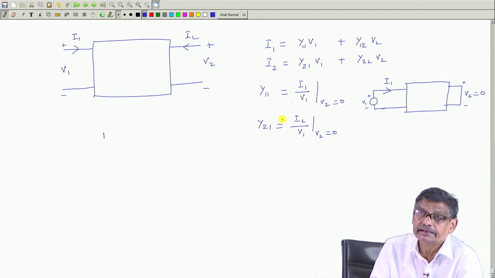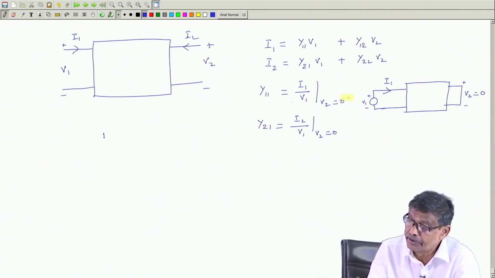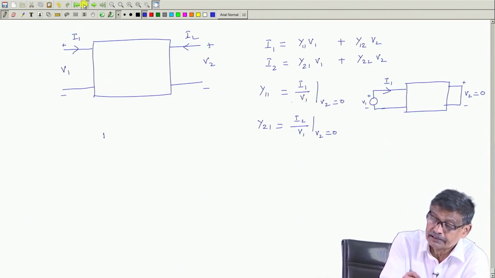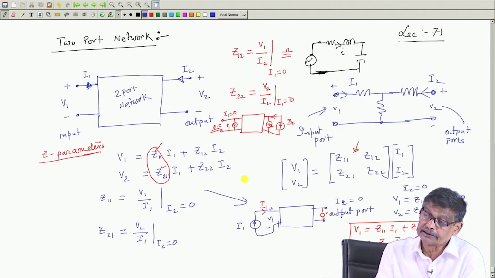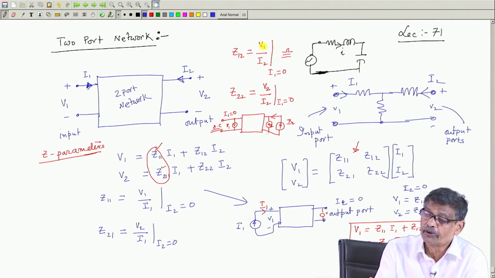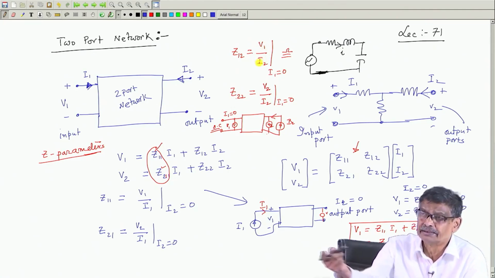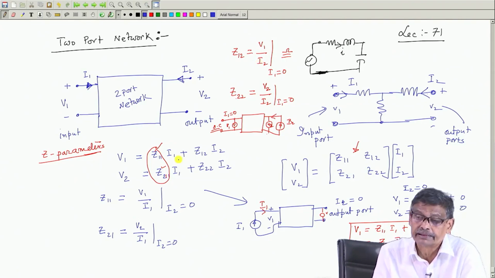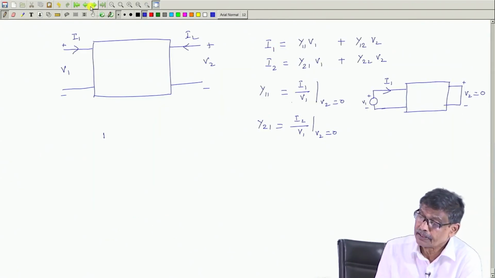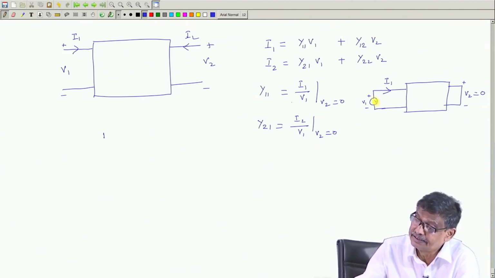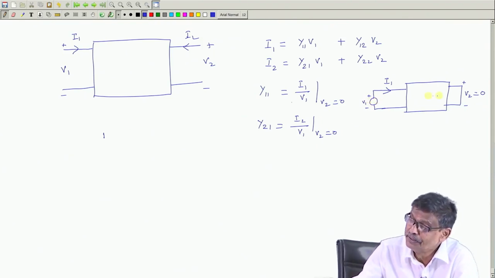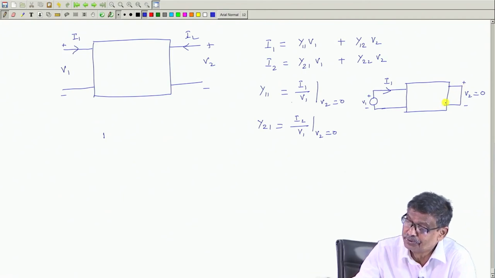Whether I should excite it with a voltage or current source depends upon which quantity comes below. In the previous example, it came that Z12, for example, is V 1 by I 2. So, I said okay, I will excite the other network with a current I 2 like that.